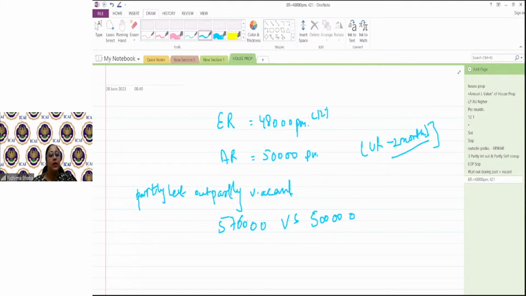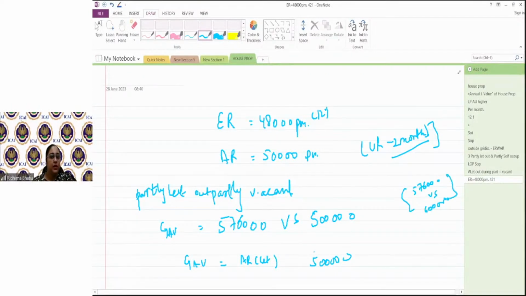Now, in a partly let out, partly vacant case, my GAV, you will say, ma'am, you always asked us to compare and pick the higher one. But in this case, I will say that GAV can be the actual rent for the let out period, which is 5 lakh, provided I do a mini check here. If I had taken the let out period for the entire year, my actual rent would have been 6 lakhs.